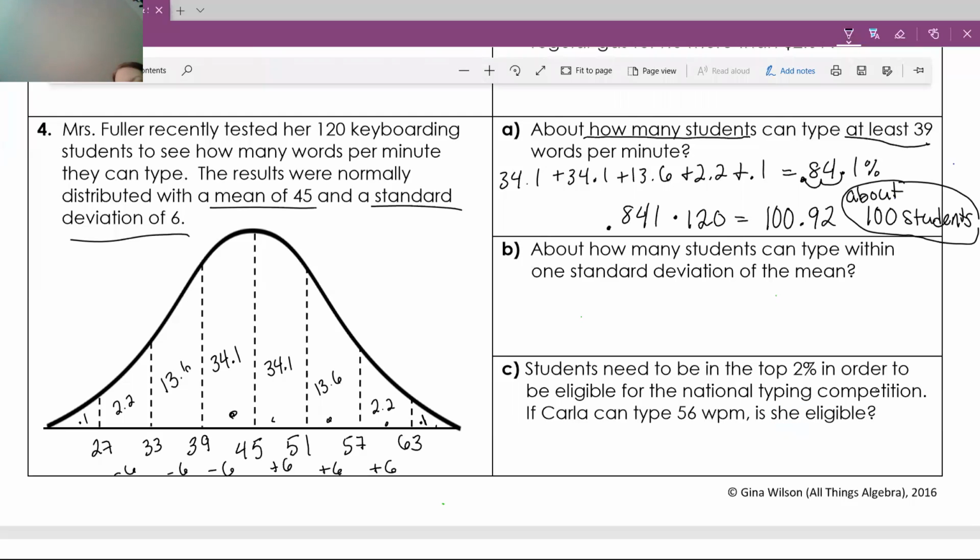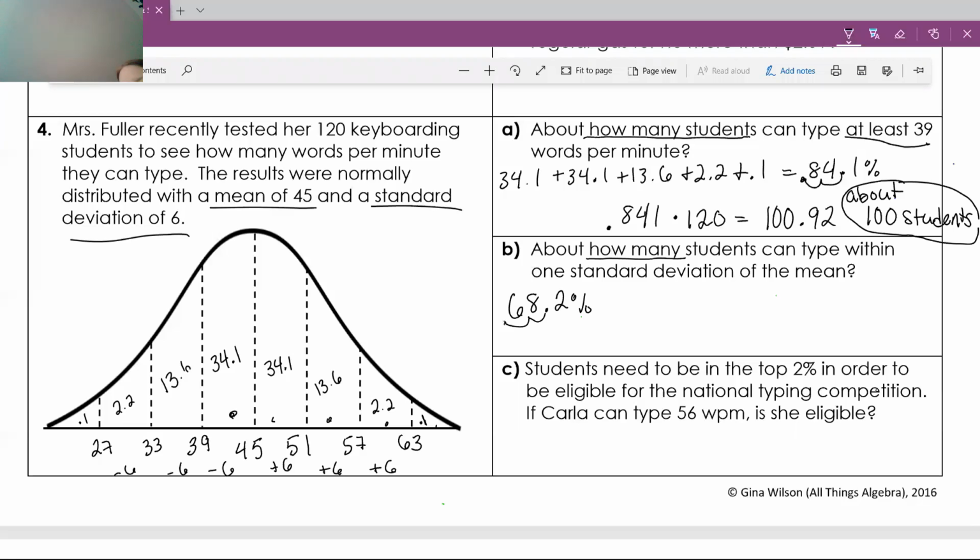About how many students can type within one standard deviation of the mean? Now remember our empirical rule. One standard deviation of the mean is 68.2%. But again, I want how many.